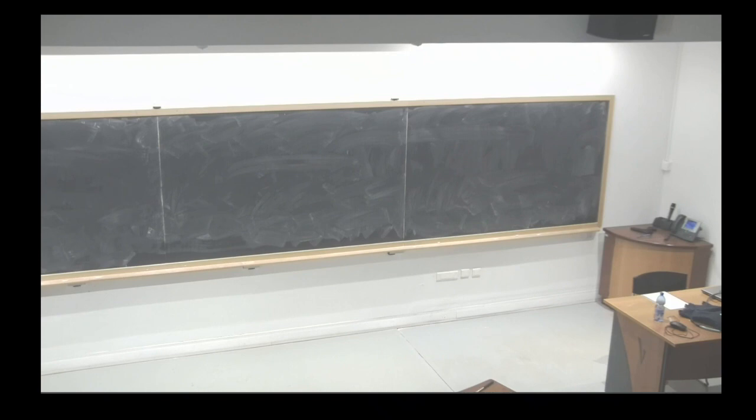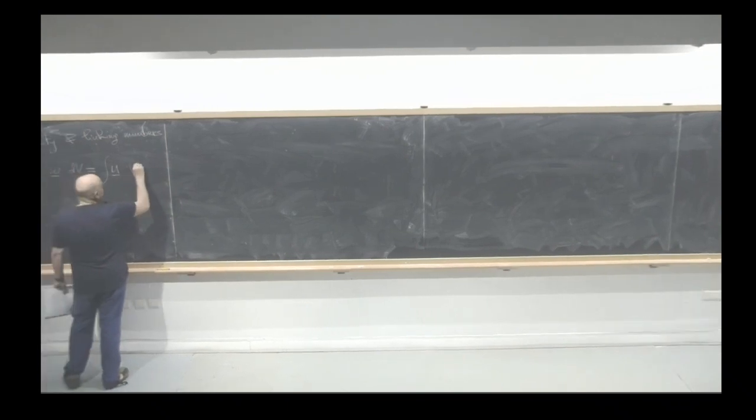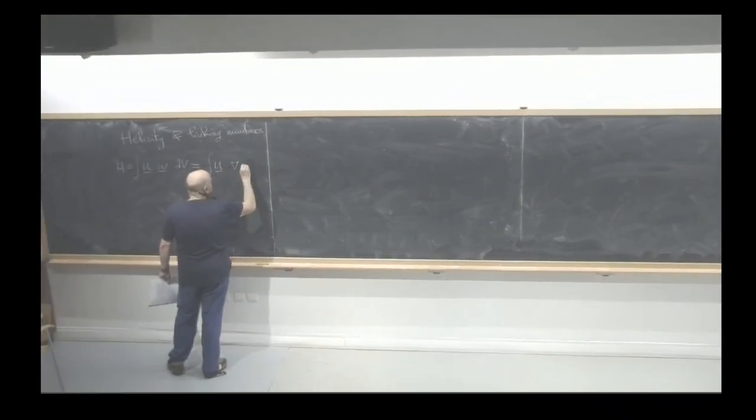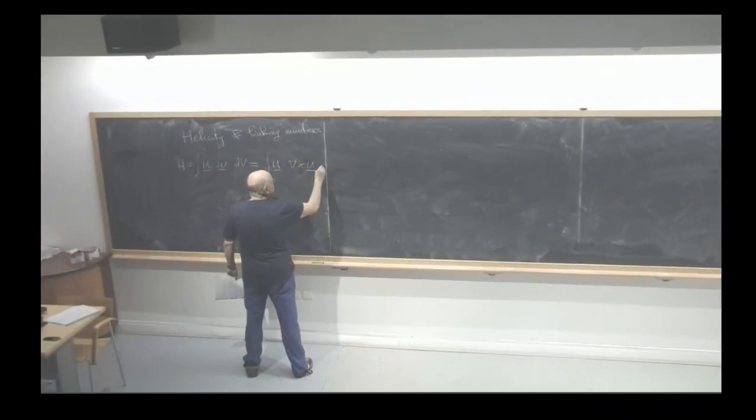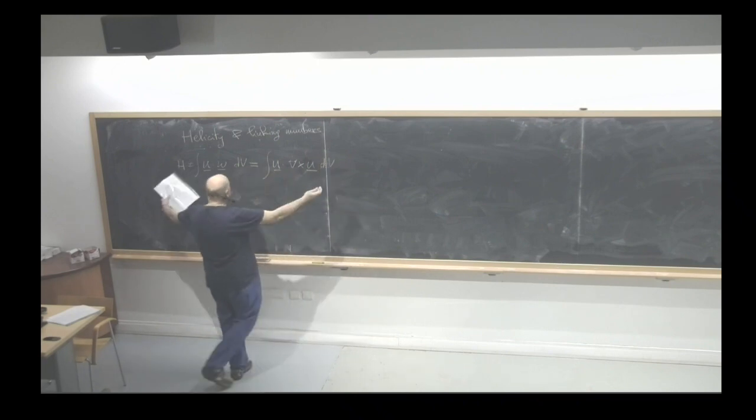Good to remember that we have H, kinetic helicity, the integral of U dot omega dV, which is conserved in ideal condition, and we regard this as U dot curl of U in dV. Same thing.